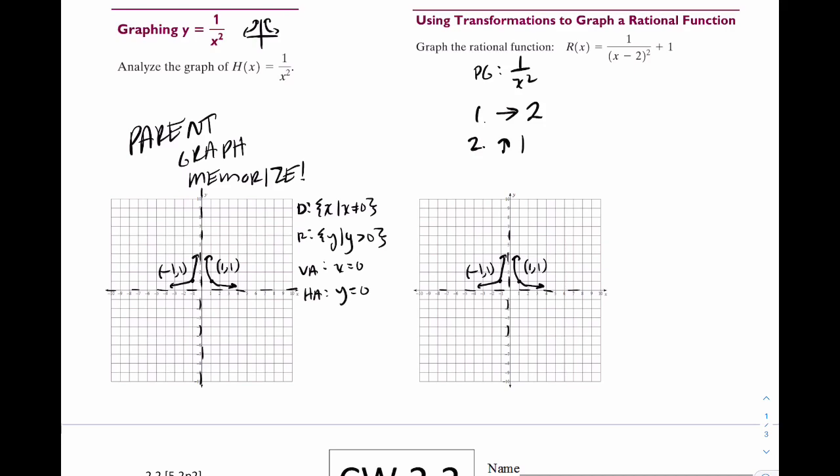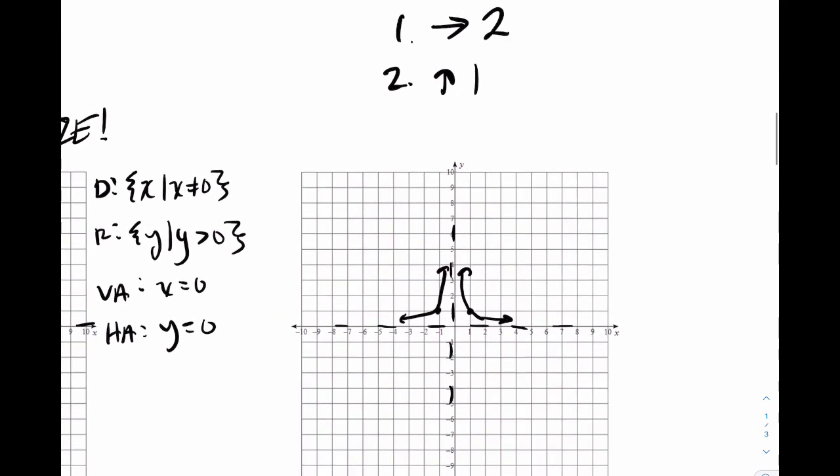And I'm going to get rid of these points because I don't want that right now. We're just going to follow the directions. Right 2, up 1. 1, 2, 1. And look at that. We're done. Our new point is 3, 2. This point is 1, 2.